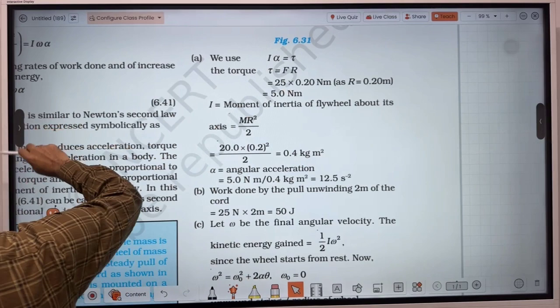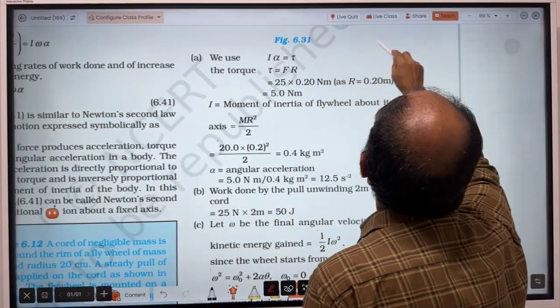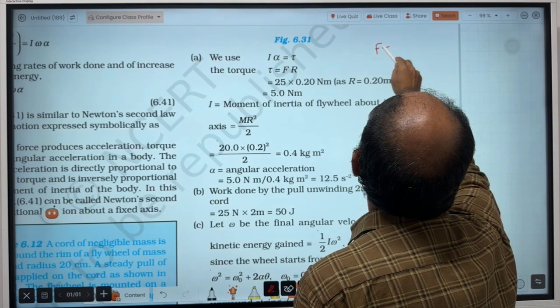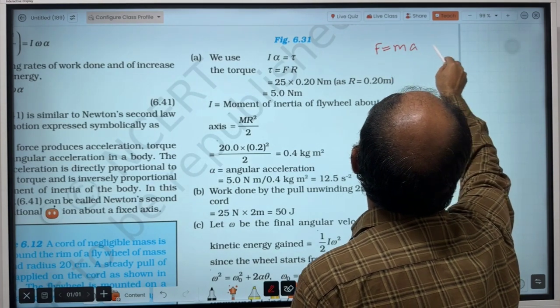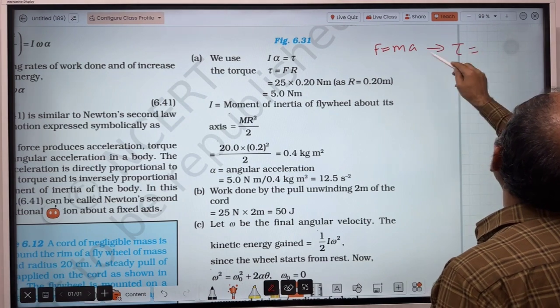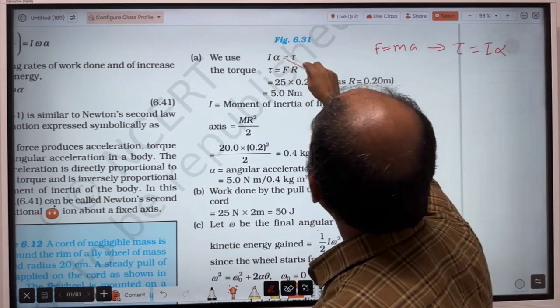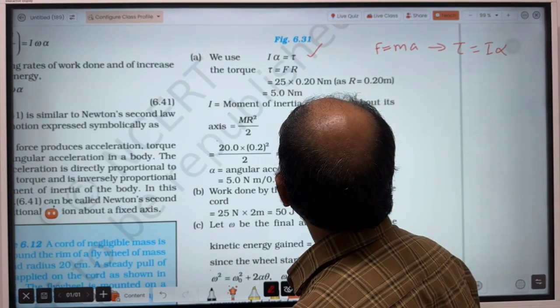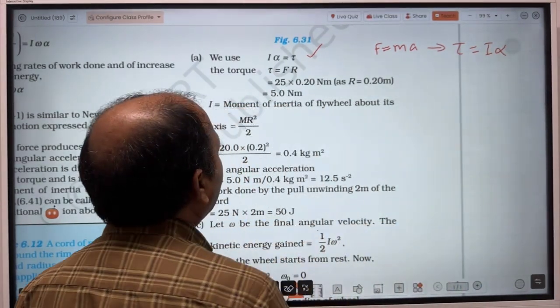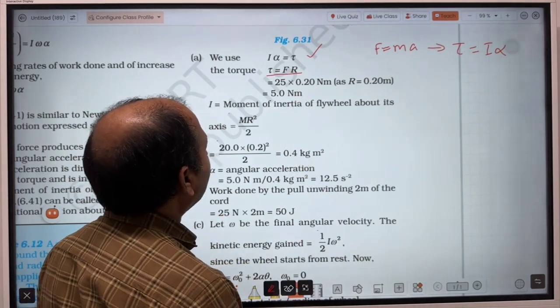Why? If you remember, F equal to ma, so if we write the correspondence, F corresponds to torque, m is I, and a is alpha. So I alpha equal to tau, and torque equal to force into perpendicular distance, so that is why tau equal to F r. We put the values.